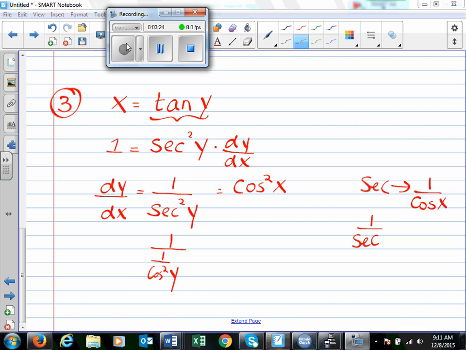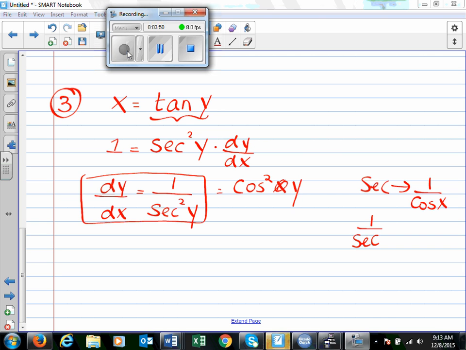So you're dividing a fraction, so you flip it, and your answer would be cosine squared y. Secant squared is nothing but 1 over cosine squared. So therefore the final answer will be cosine squared y, not x.